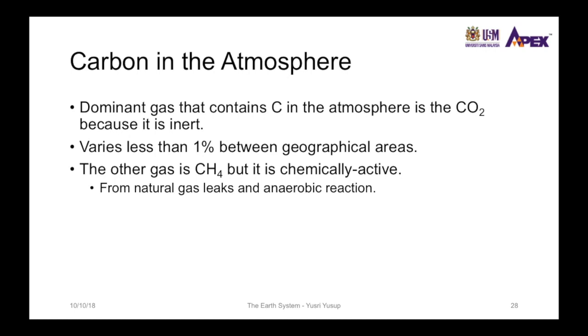The other dominant carbon-containing gas in the atmosphere is methane, but it varies more because it is chemically active. Plus, the residence time of methane is shorter than carbon dioxide, which hints at its chemical activity. Methane comes from natural gas leaks due to anthropogenic, or human-related, activities, as well as anaerobic reactions.